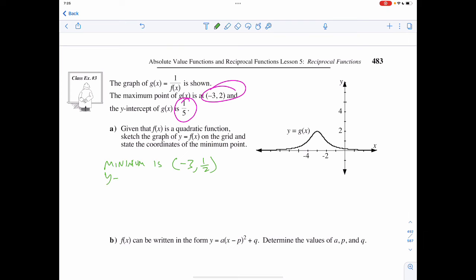We know the y-intercept is going to be at 0 and 5 because the y-intercept of the last one was at 1/5. And we know that there's going to be invariant points where y is equal to positive or -1. This one never has points at -1.